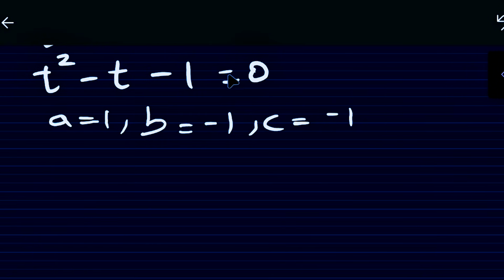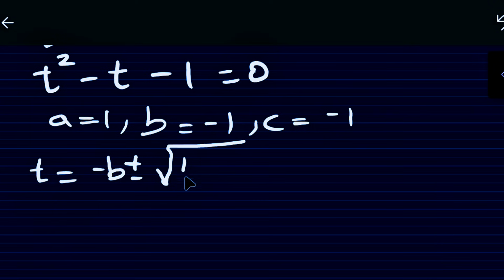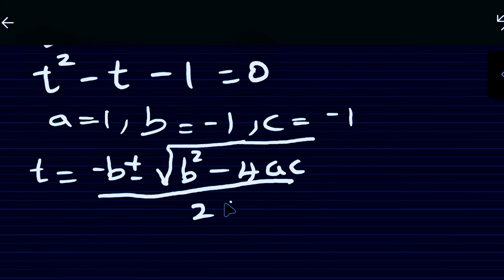So for us to find the value of t here, t is equal to minus b plus or minus square root of b squared minus 4ac, and we'll divide everything by 2a.